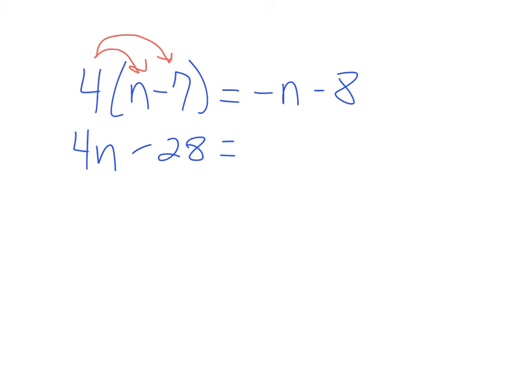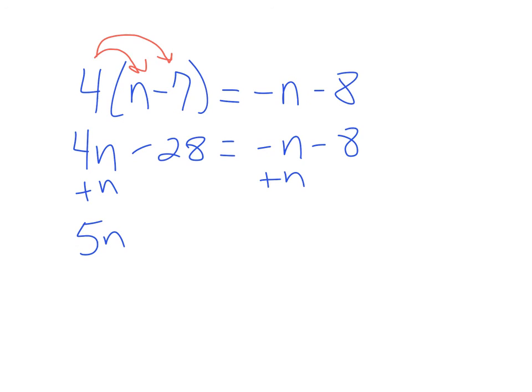I haven't done anything with the right side of my equation yet, so it's still equal to negative n minus 8. So I've got two variables, but they're on different sides of the equal sign. So I'm going to need to change signs to move from one side to the other. So we are going to add the n. 4n plus n is going to make that 5n.